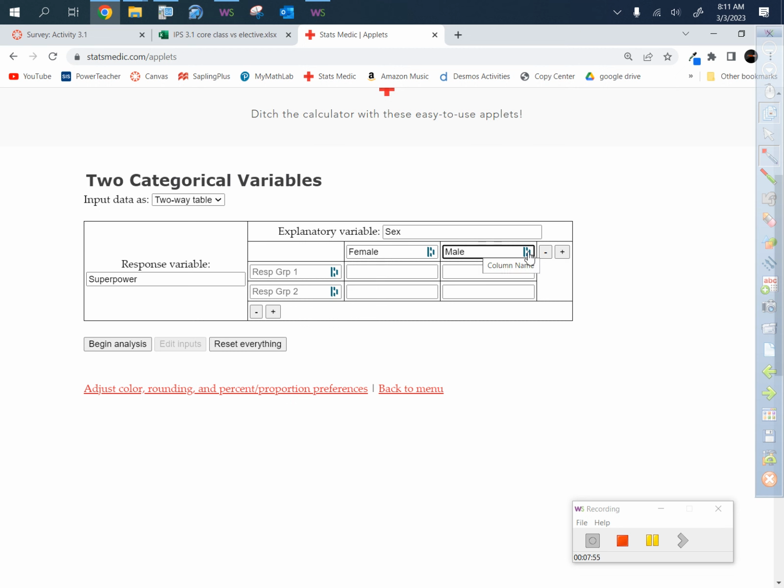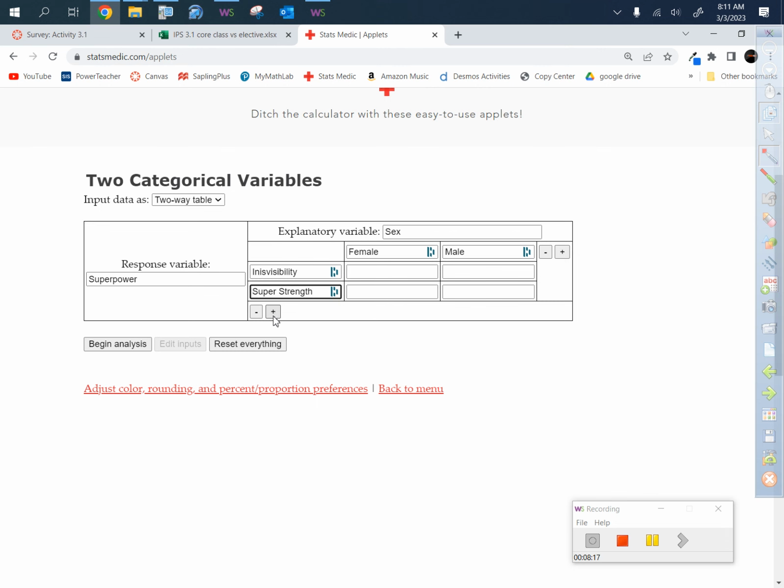If you needed to add a third category, do you see the little plus? You're going to have to do this on homework. You would have to add a third category here. Response group 1, invisibility. Response group 2 is super strength. And then I got to add some more, so I got to hit this little plus.